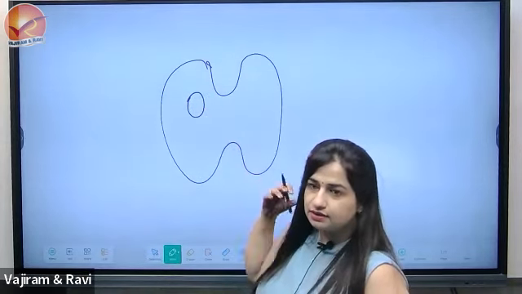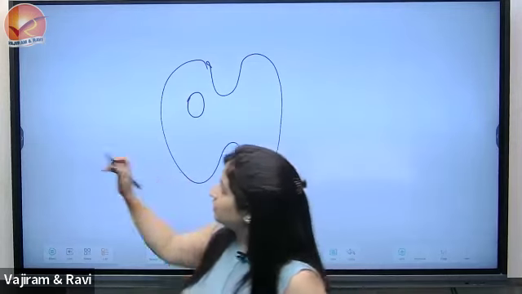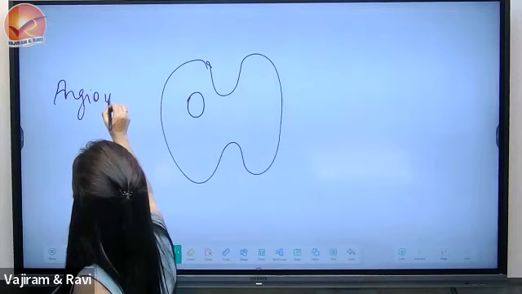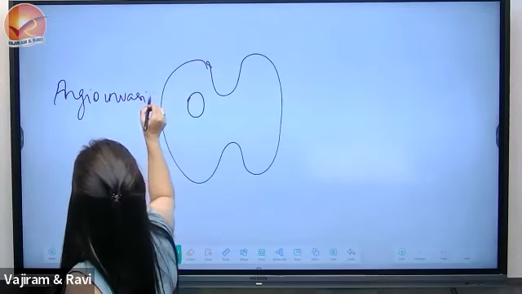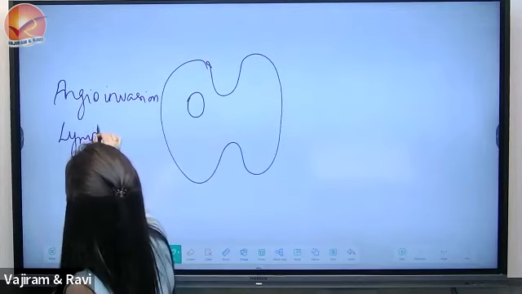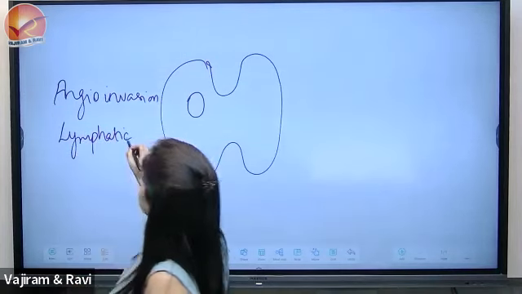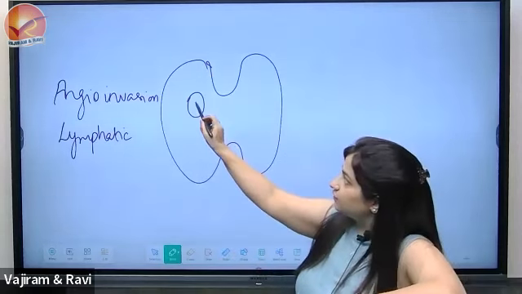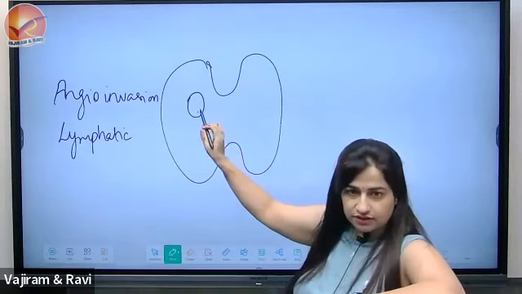Okay? The hallmark of follicular carcinoma, what we call is angio invasion, and lymphatic invasion. Now, in this particular carcinoma, if there are blood vessels inside, they are definitely there.